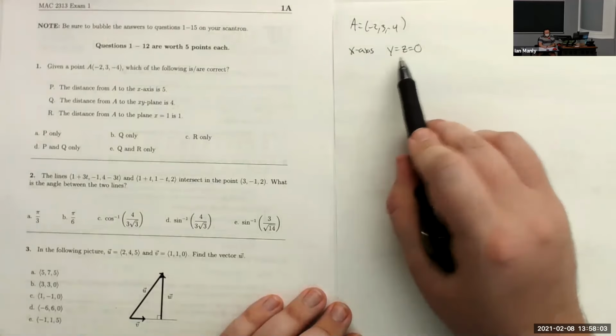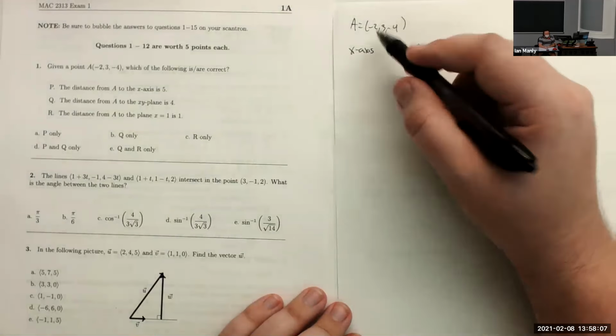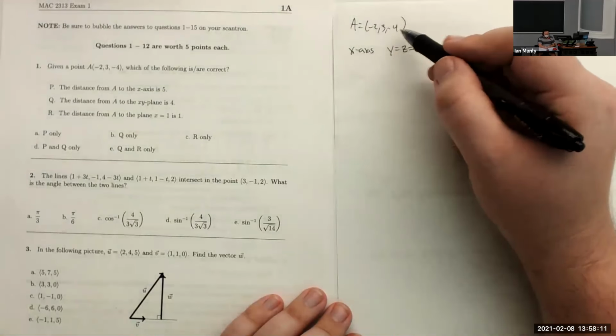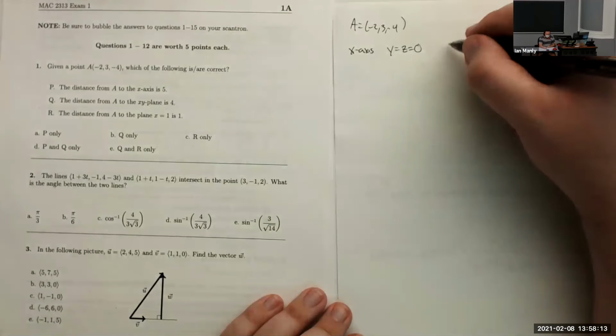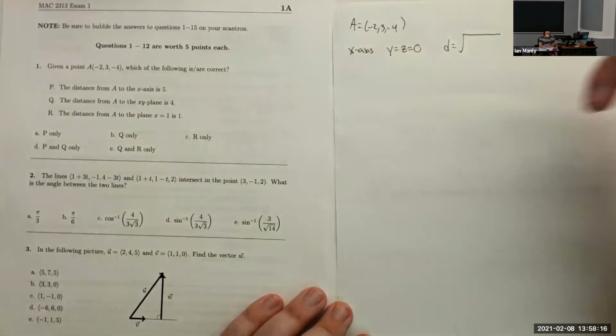It's just saying we can have whatever x value we want for our point, but we can't have y or z be anything other than 0. So we don't care what x is, but we will do (3 - 0) squared, so we have 3 there, and then (-4 - 0) squared.